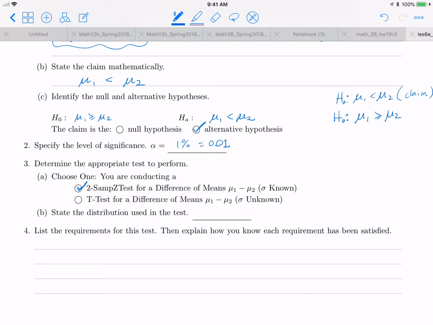Now state the distribution used in the test. We're using a z distribution. What are the requirements for this test? Number 1, we need to have random samples. We need to have normally distributed populations.